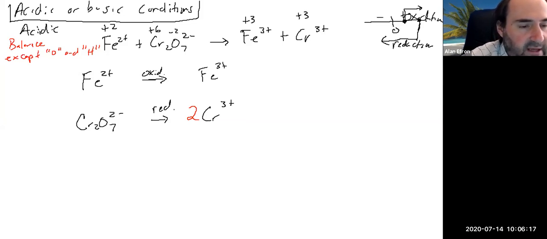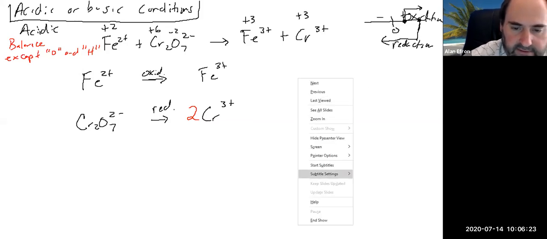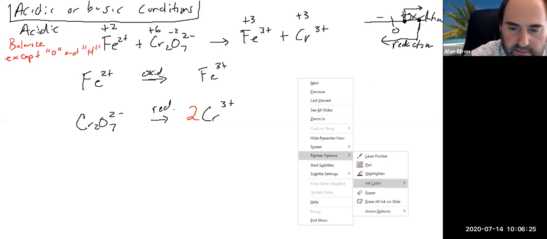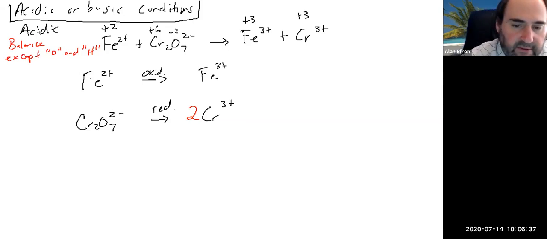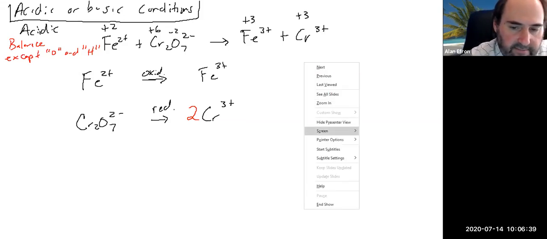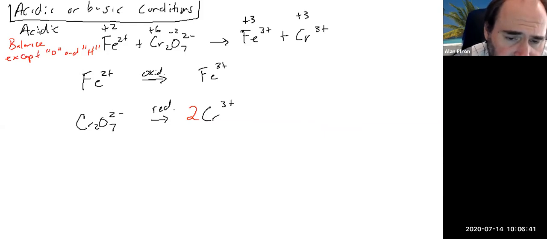Now to balance oxygen, make some room over here perhaps. Use this spot up here. To actually balance the oxygens in this method, what we use is water.